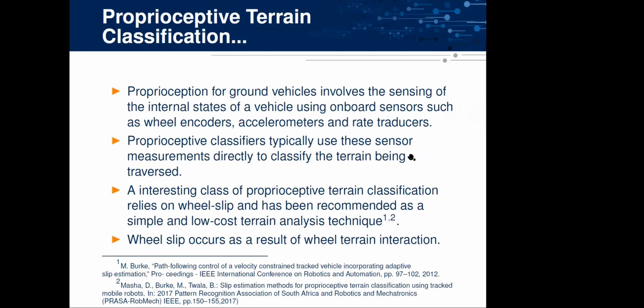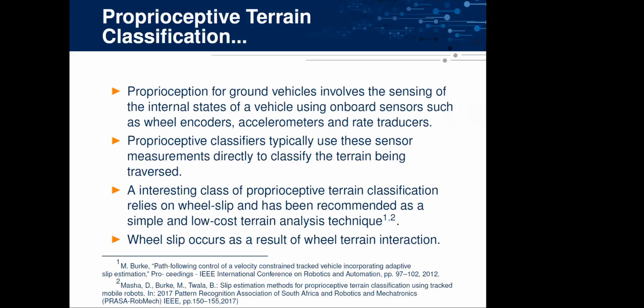So proprioception for a ground vehicle involves the sensing of the internal state of the vehicle using onboard sensors such as wheel encoders, accelerometers, rate gyros, as well as gyroscopes. So that's the vibrations. Basically, you're measuring the vibrations as the vehicle traverses the different terrains.